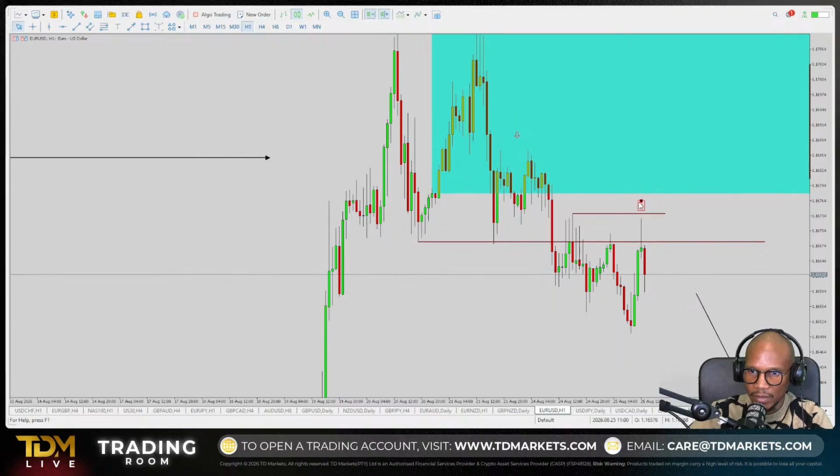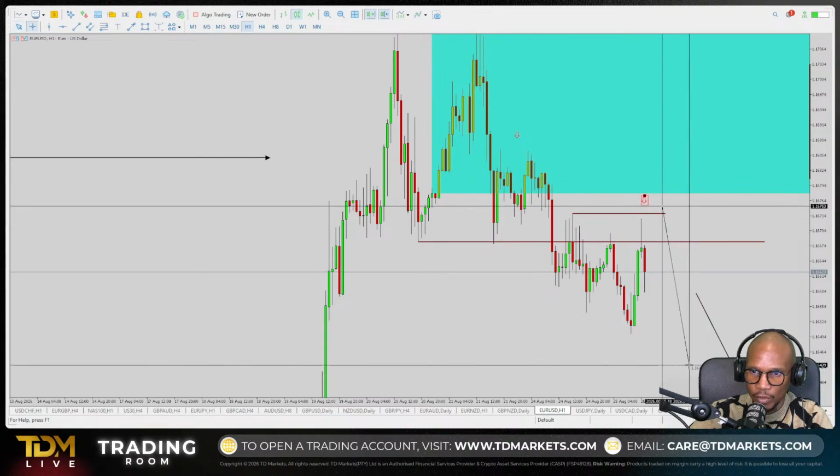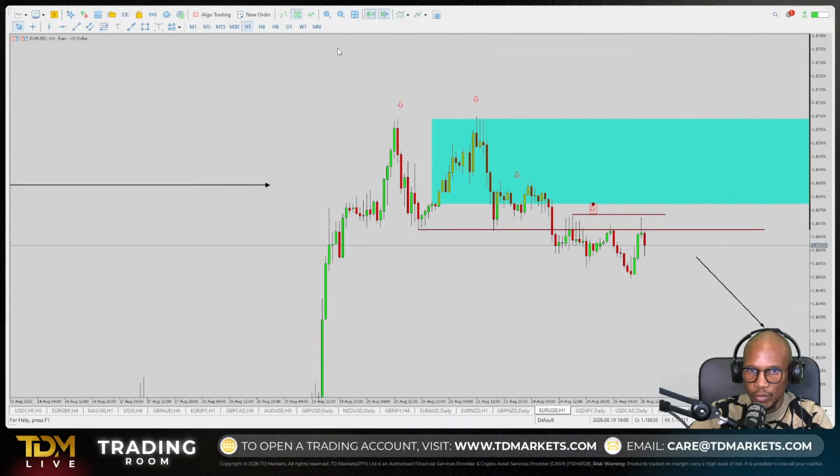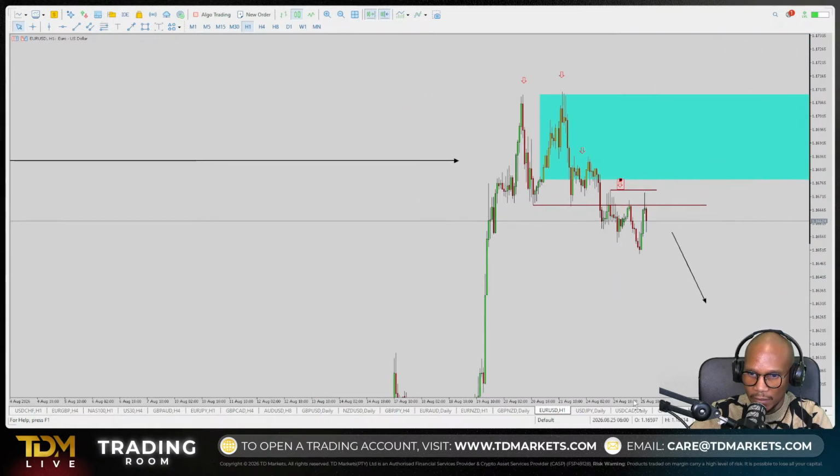So what does it mean? It means if I were to execute the trade, my stop loss would definitely be above this, not below this, just above this, in case it tries to go back again one more time before it drops down, right? So that is what we see with Euro USD.